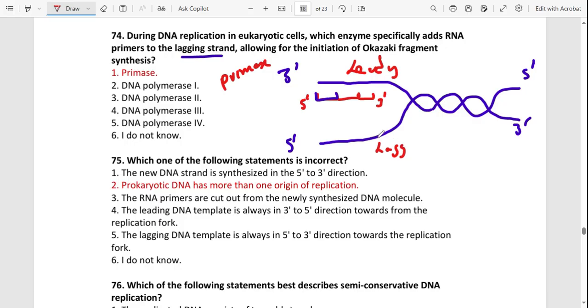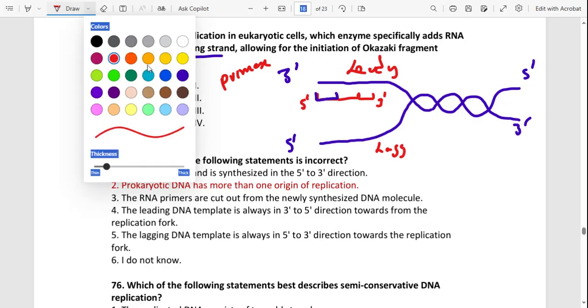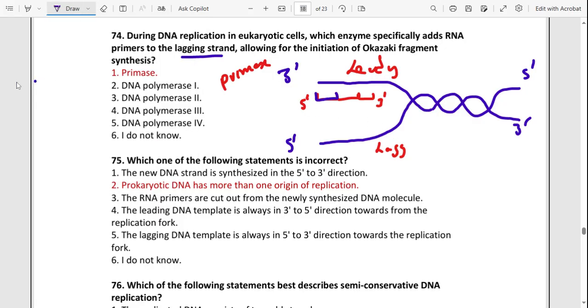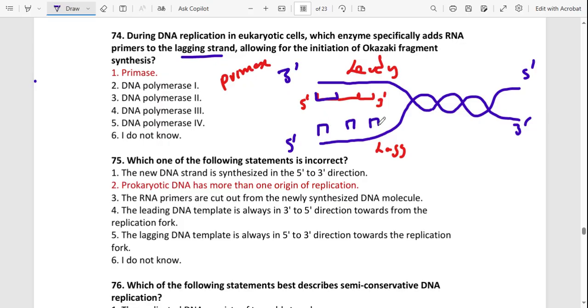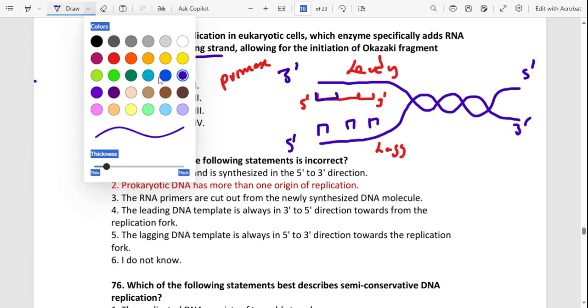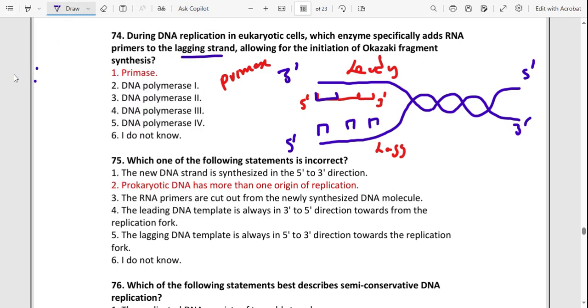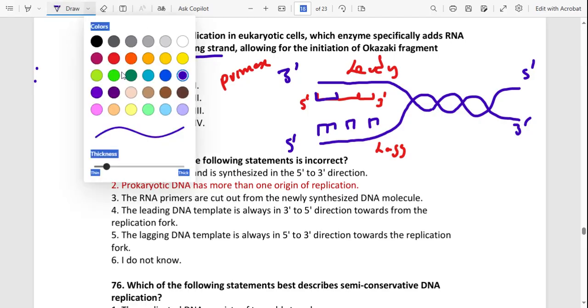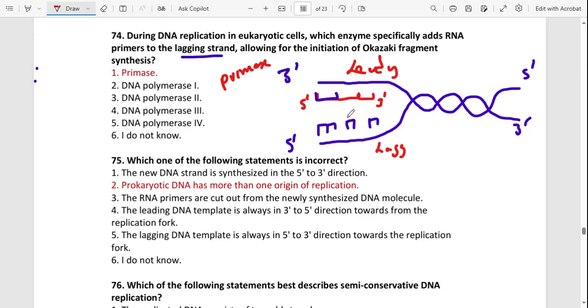strand. What happens is that primase doesn't lay down one primer. Instead, it is going to lay down a lot of primers. And then DNA polymerase will come and form short joints amongst these primers. Those short joints we call Okazaki fragments.